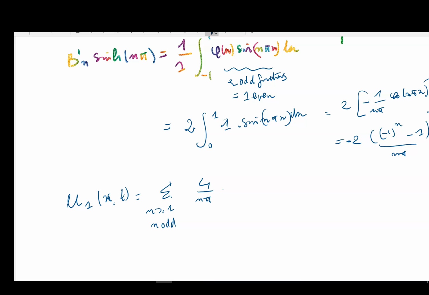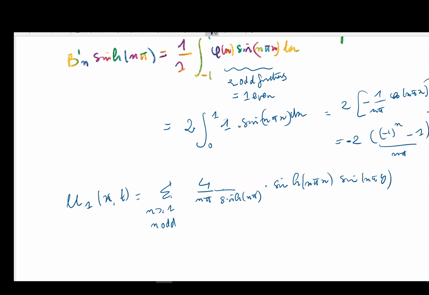My b prime coefficients are actually what we have found, divided by sinh of n pi, times sinh of n pi x times sine n pi y.